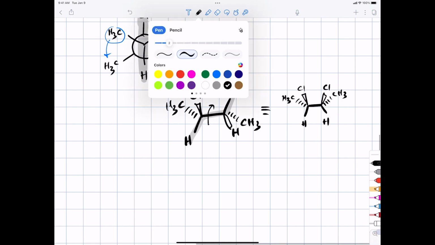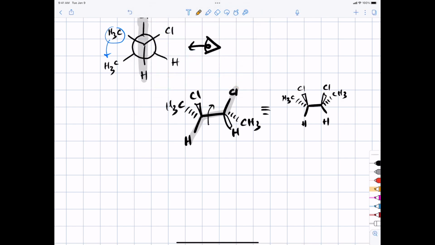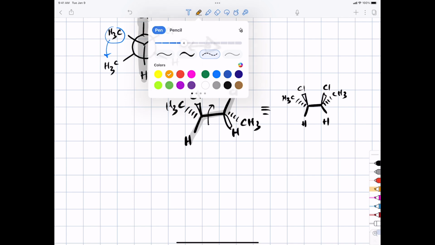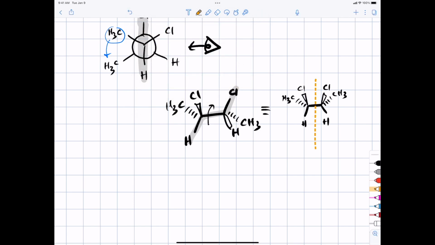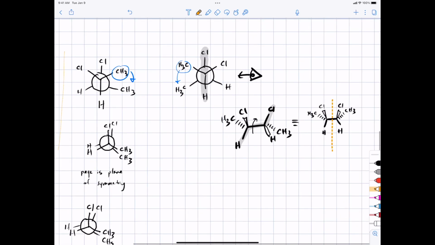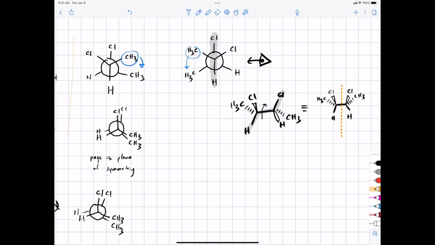Now, hopefully, you can see the symmetry plane. All right? And of course, we would need to repeat that process for the other structure.